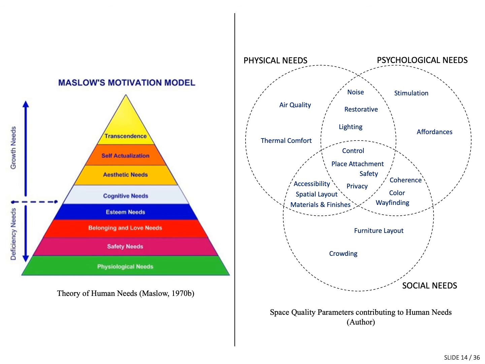In this diagram and side-by-side comparison, we can see that the physical, psychological, and social needs of a person are also related to the spatial parameters. So these are the parameters that overlap within the physical, psychological, and social needs. Some parameters overlap and some don't, and some of the parameters overlap all three. So the human needs are also dependent on this spatial quality.